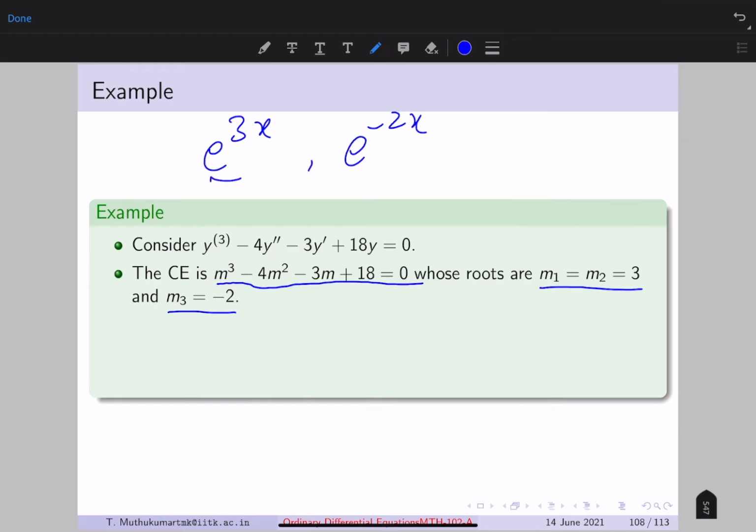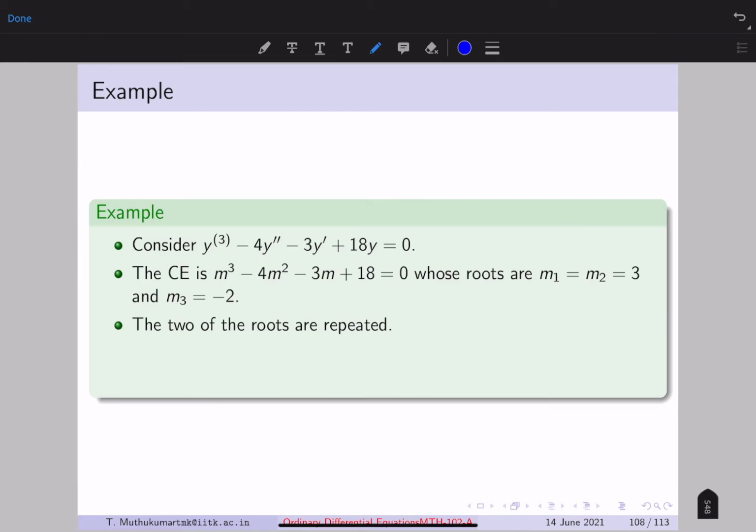These two are linearly independent, you can verify that, but this is third degree, so the solution space of this should be 3 dimensional, so you need one more linearly independent function. You don't get one more because a root is being repeated. So what you do, you put a linearly independent solution corresponding to this, which is x e power 3x.